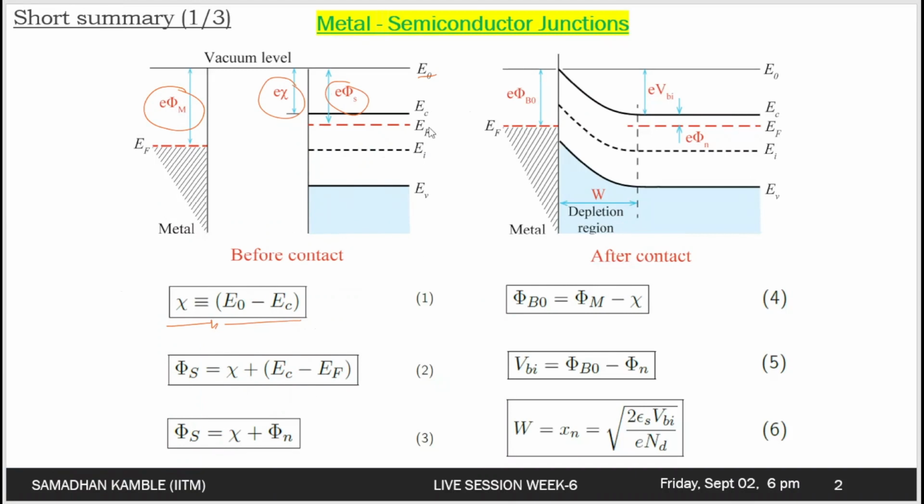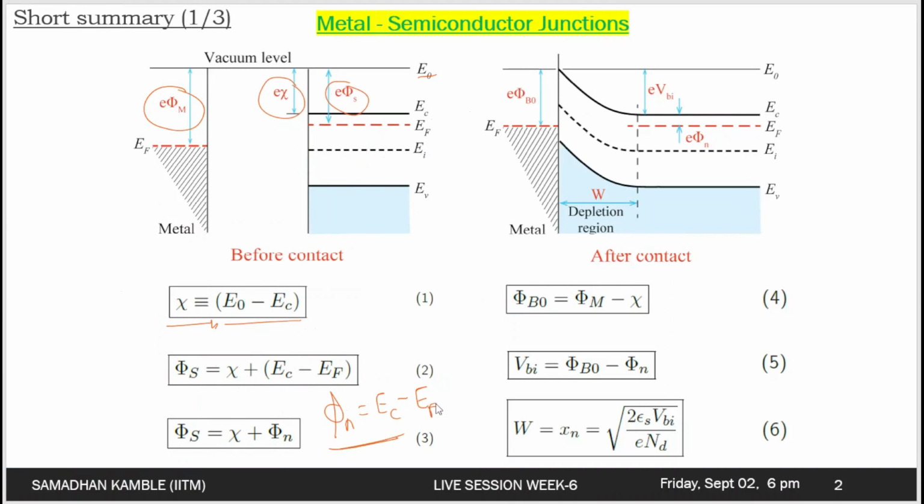As you know, the Fermi level, EF, has a position which is a function of the doping concentration. So we define EC minus EF separately as phi n. So phi s can then be written as chi plus phi n, where phi n is basically EC minus EF.